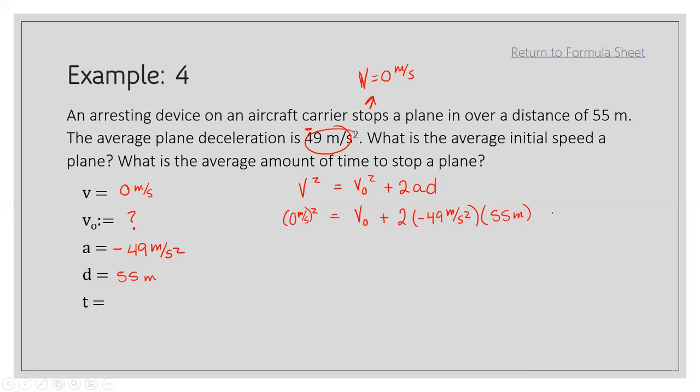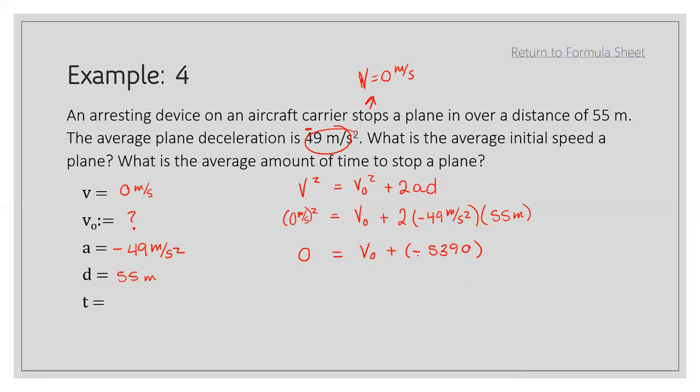Now, I'm not going to bother with unit analysis. We know if we're putting meters and seconds in everywhere, we need to get meters and seconds out in our velocity. So let's solve this. We'll get 0 is equal to velocity plus, adding these pieces together, a negative 5390. Okay, we need to get initial velocity alone.